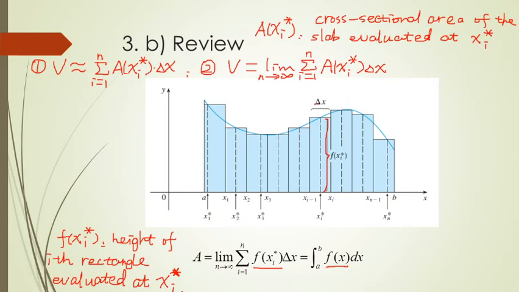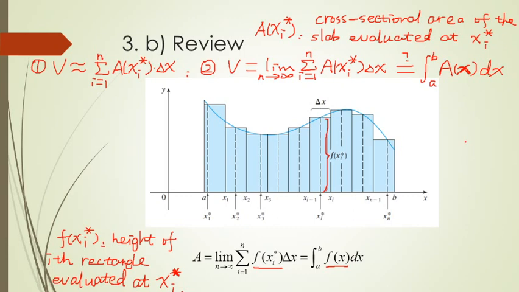Can we do a similar way and define it as a definite integral where my integrand becomes the cross-section area? Also from a to b, we place the sweet potato in the xy plane from a to b for x as the independent variable. Similarly, the integrand A(x) represents the cross-section area function, and as x changes, the area of the cross section will be different at each point, right?